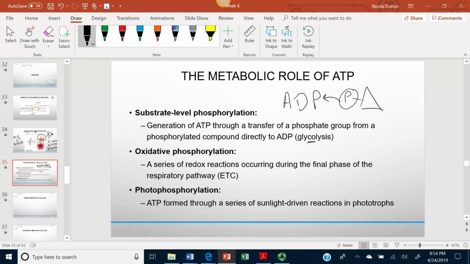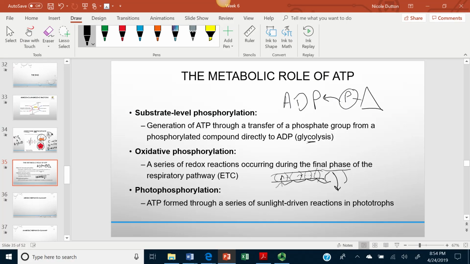In oxidative phosphorylation, this involves redox reactions. So in the electron transport chain, which we'll talk about in a little bit, you've got all of these different complexes inside of the membrane. So there's 4 complexes, and then there's this large ATP synthase, 5th complex. And you have a movement of electrons from one complex to the next. You have these hydrogen ions that accumulate inside of this intermembrane space.